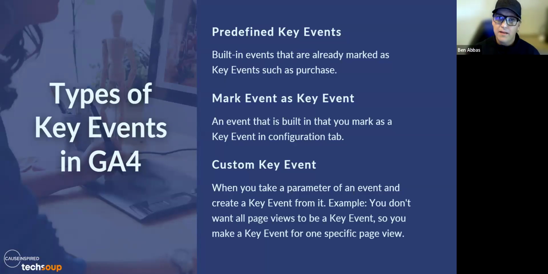But here is where it becomes really important. Custom key events. This is where we can dictate what parameters, using those custom definitions, dictate what an event or a key event looks like. What should be a key event? That thank you page should be a key event.